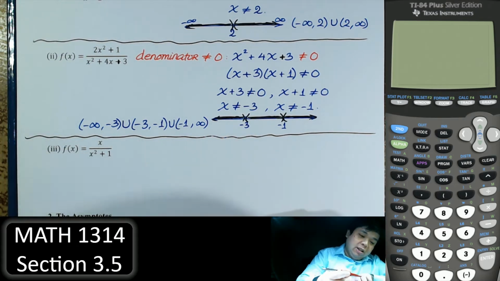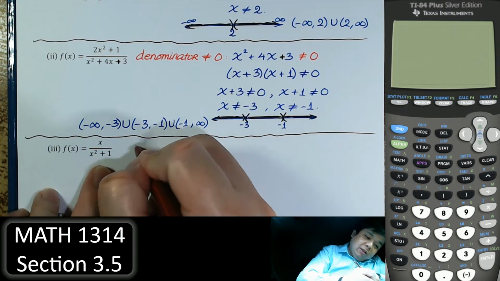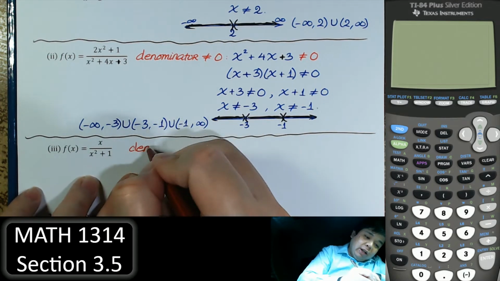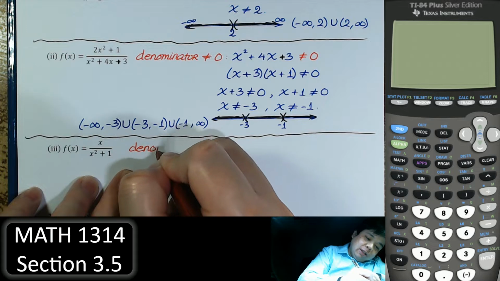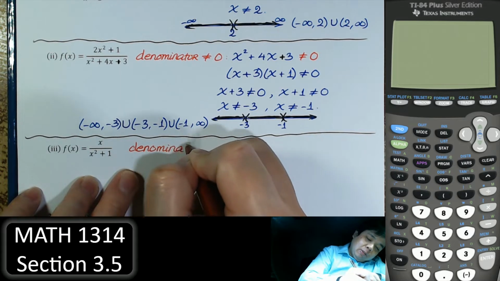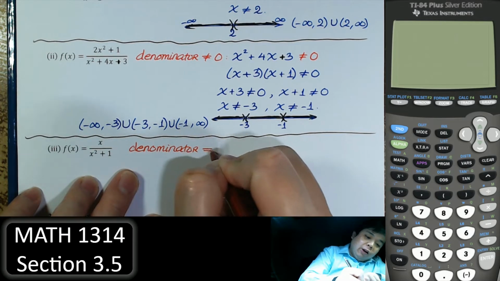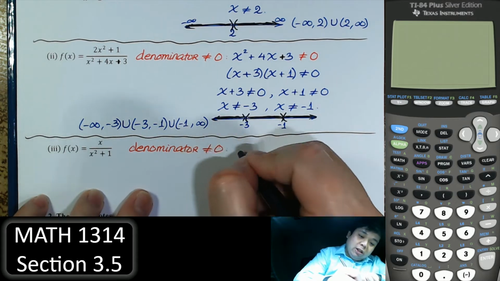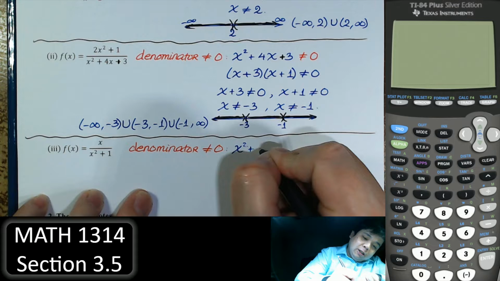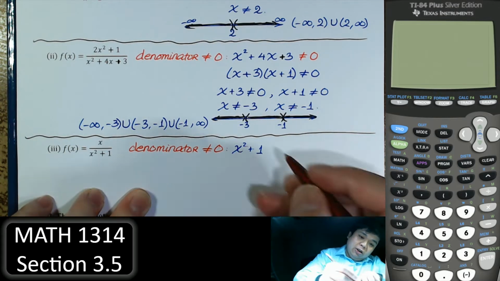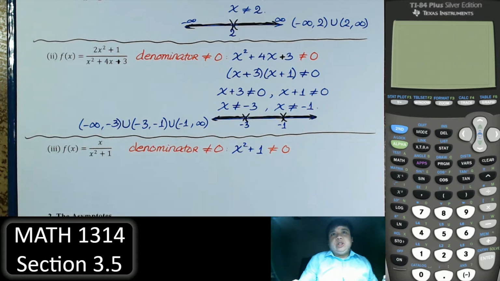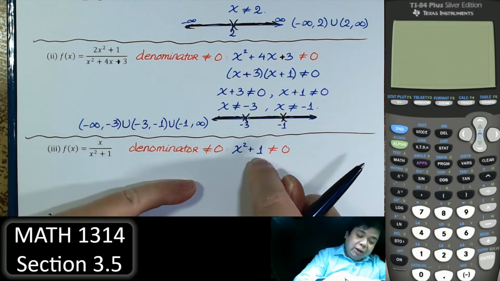Next, we have this example. Once again, to find the domain, the denominator on the bottom not equal to 0. So we have x squared plus 1 not equal to 0. Right. Of course, we just solve it. We'll not use factoring here.